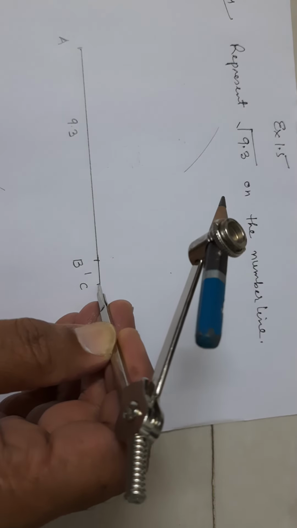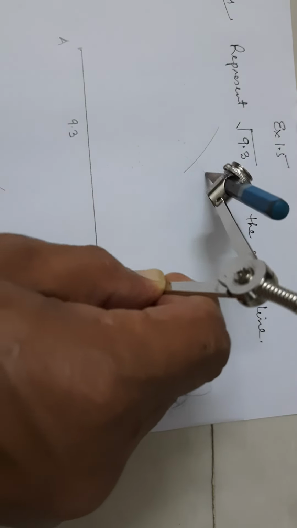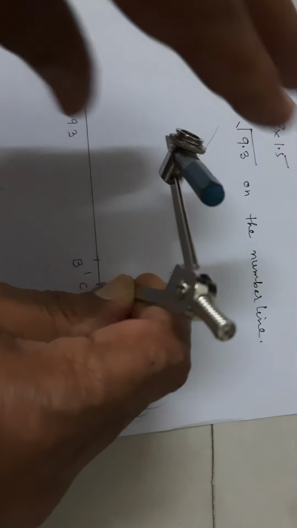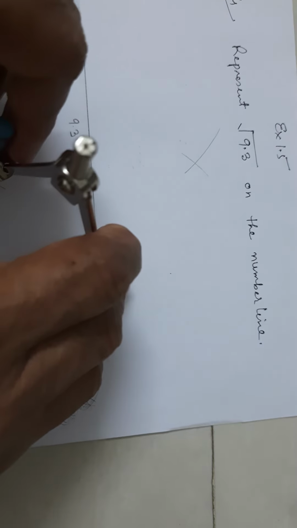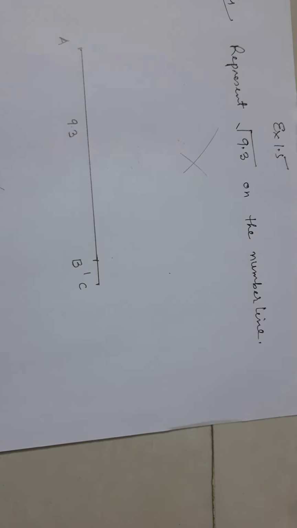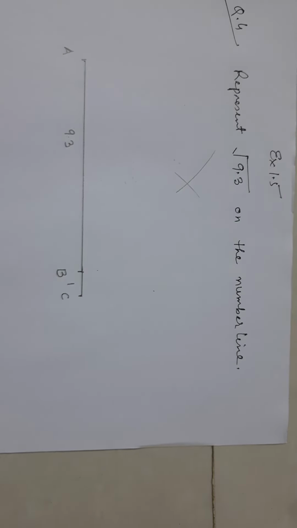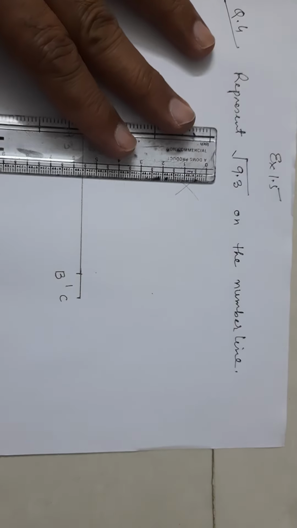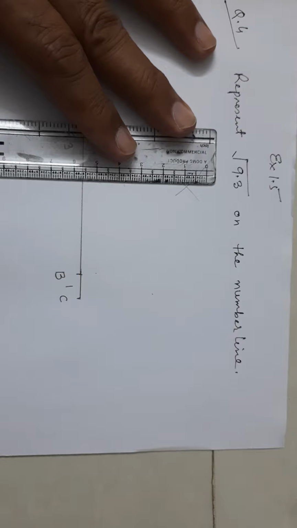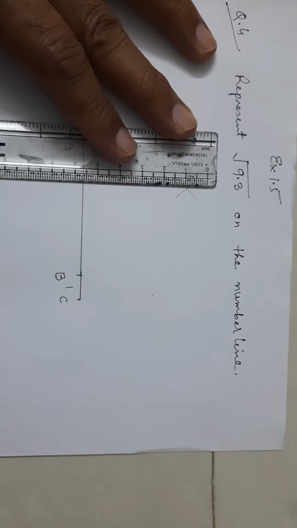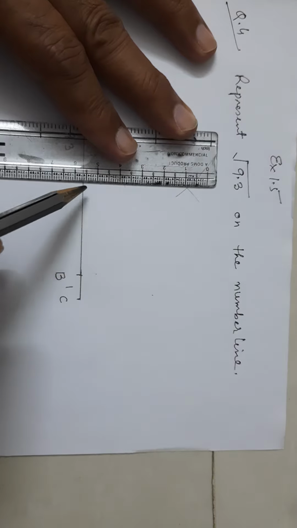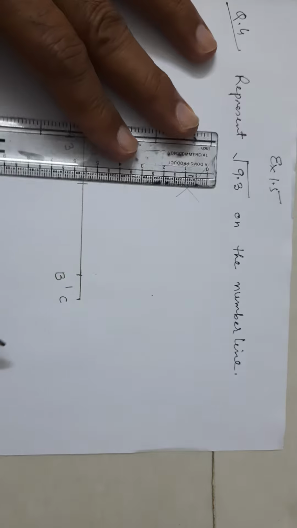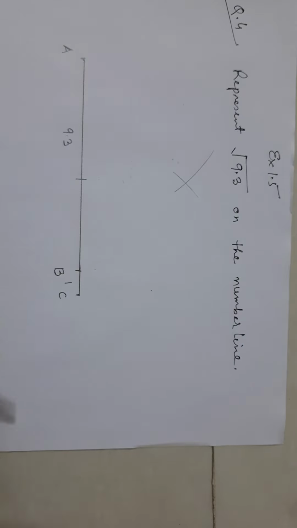Then here we draw another. Yes. So we will be able to get the midpoint. Let's mark the midpoint. We mark it as O.